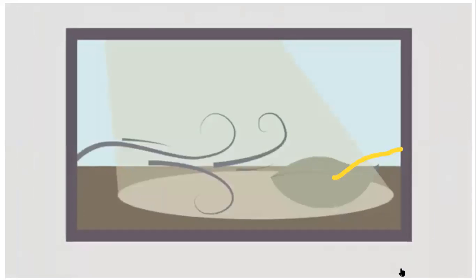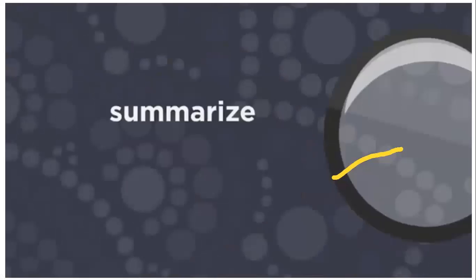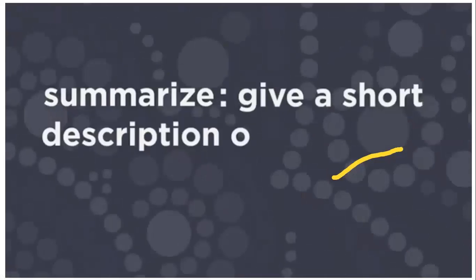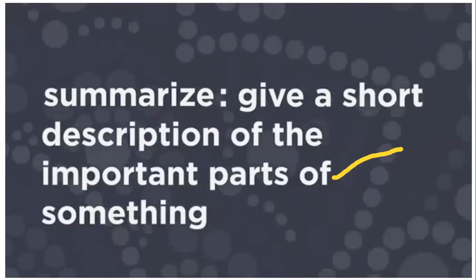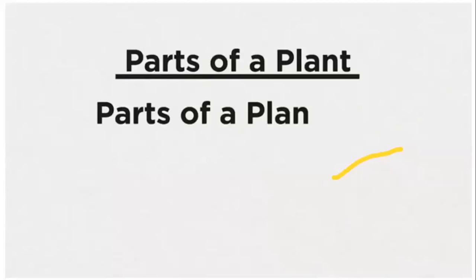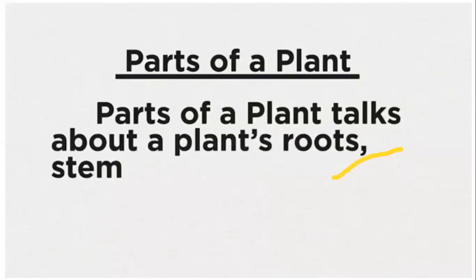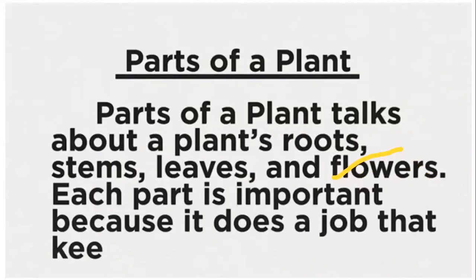One way to show what you have learned from an informational text is to summarize it. To summarize means to give a short description of the important parts of something. In this case, you are describing the important parts of a text. Here is a summary of parts of a plant. Parts of a plant talks about a plant's roots, stems, leaves, and flowers. Each part is important because it does a job that keeps the plant alive.